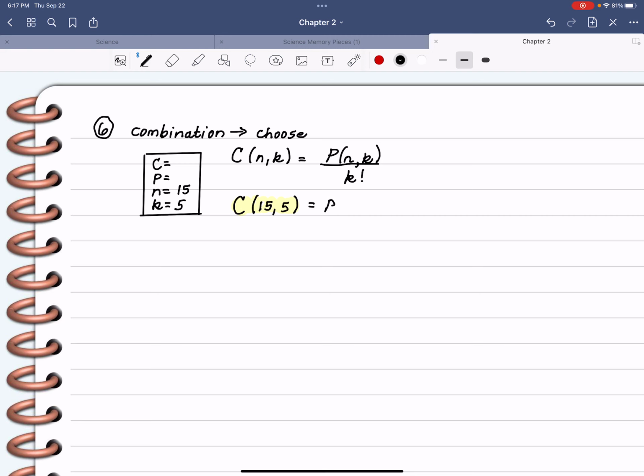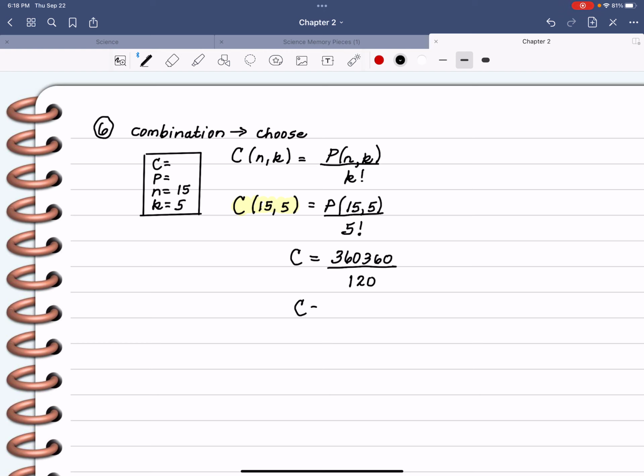So we have the permutation of N, 5, all over 5 factorial. So the combinations will be all clear, 15 shift 1, 5 equals 360,360, and then 5 factorial is shift 3, that's 120.